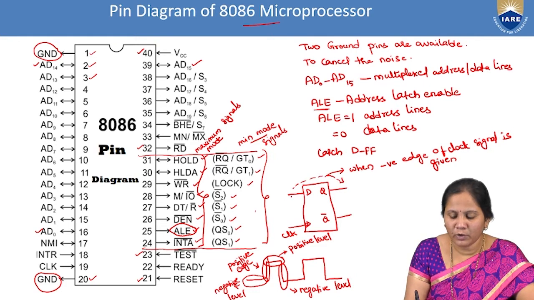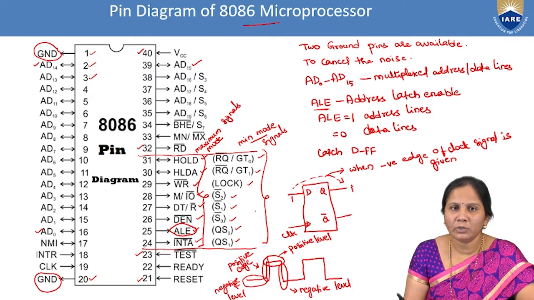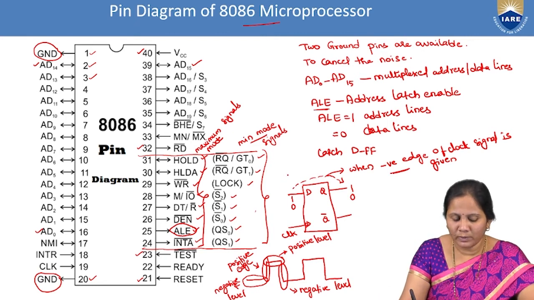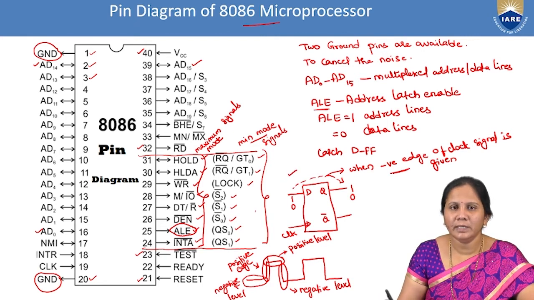If you give D as 1, Q will also be 1. If you give D as 0, Q will also be 0. That means whatever you give, the same output comes only during the negative edge of the clock signal. These latches will be present in the address latch enable.